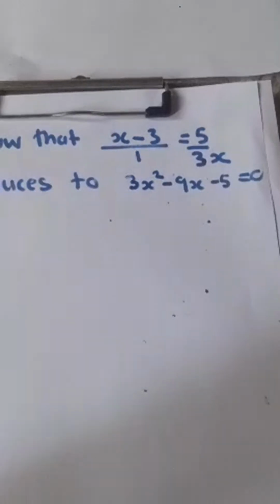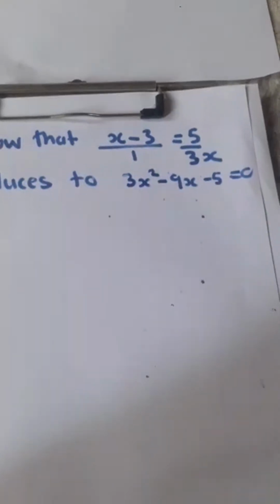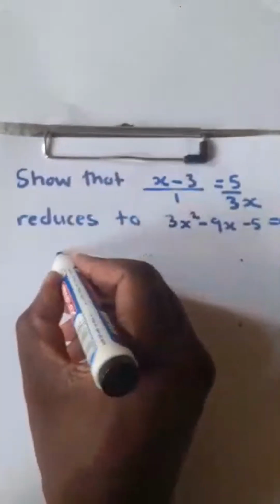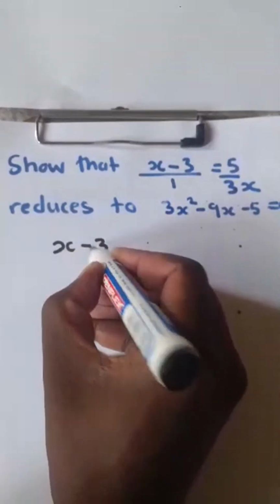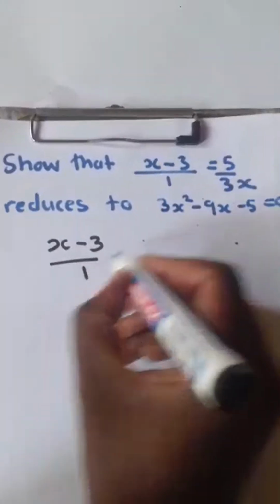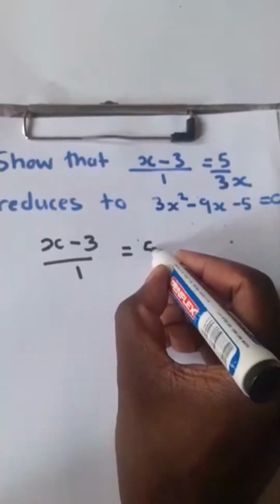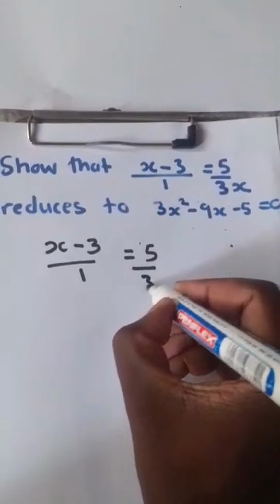Okay, so let's solve it. Let's prove it. We're given (x minus 3) over 1 is equal to 5 over 3x.